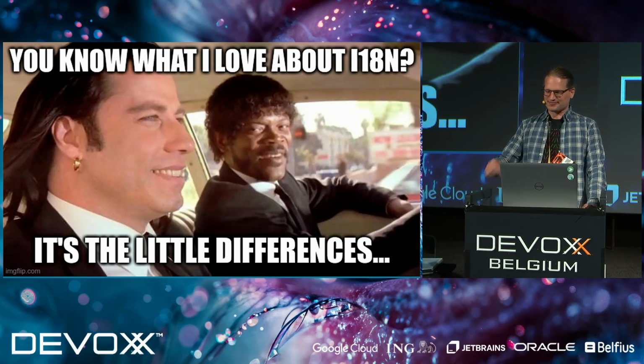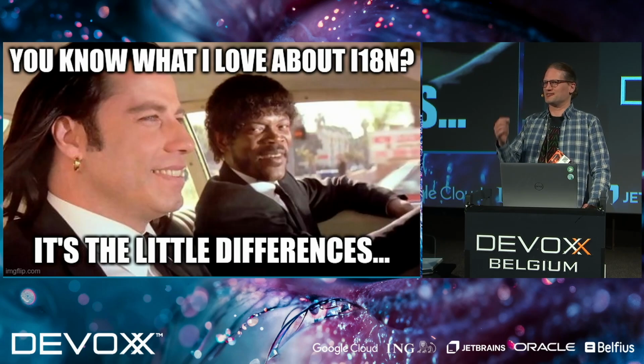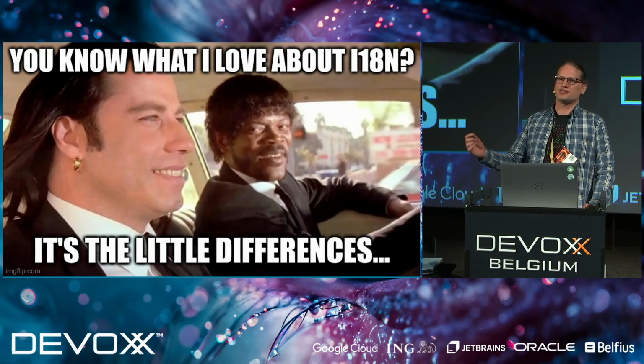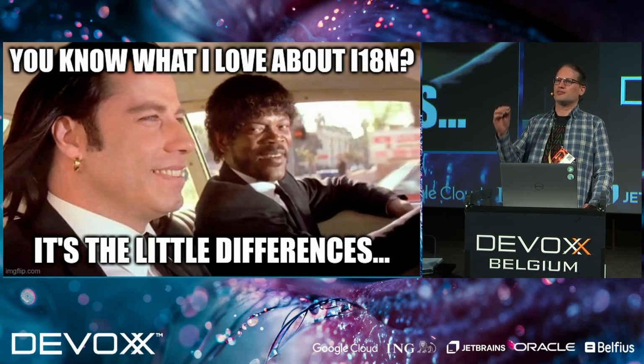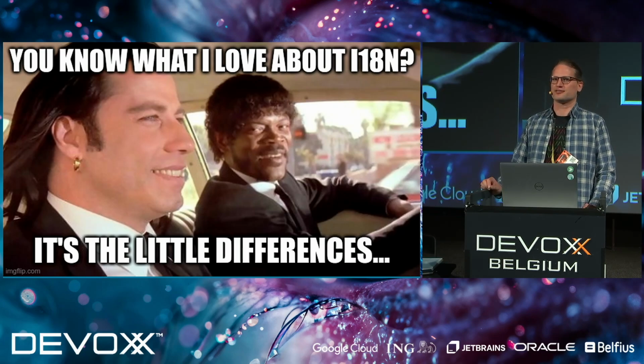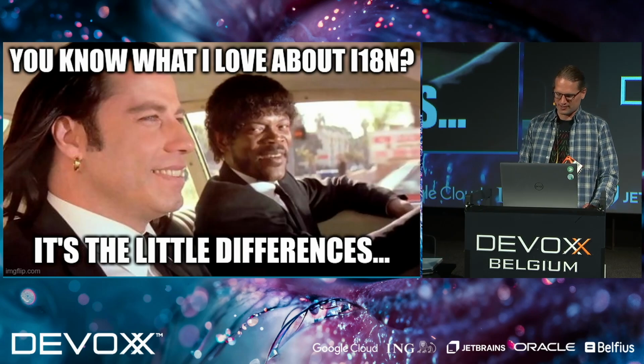When Quentin Tarantino wrote this script, he had actually spent a year in Amsterdam just before that, so he's speaking from his own experience. And Vincent Vega claims he just loves those tiny little differences, and that's what I love about it as well.